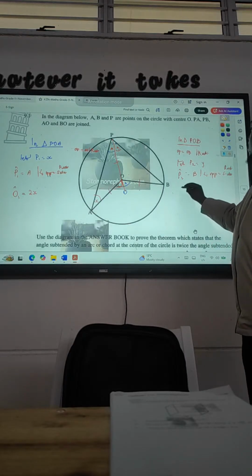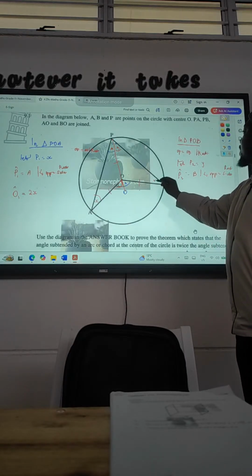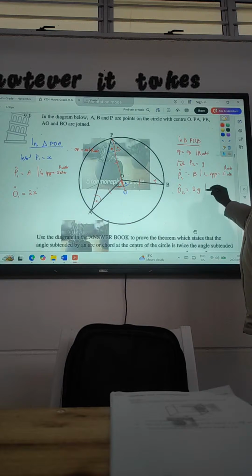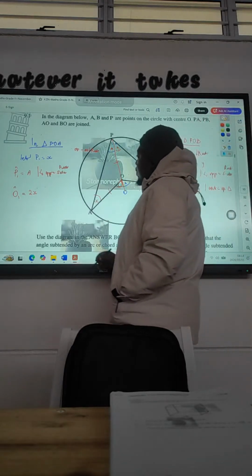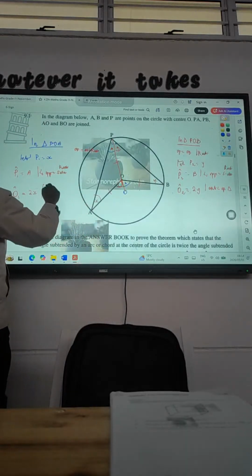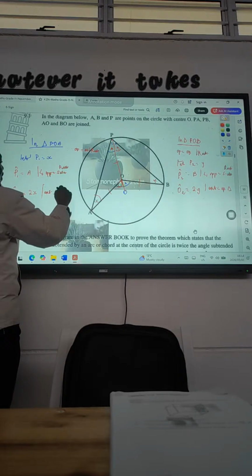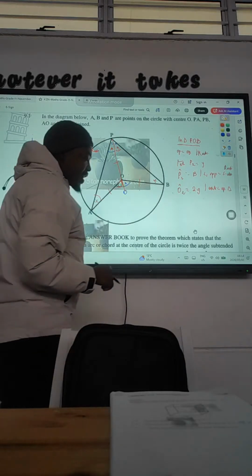And then O2, if this is Y, your O2 will also be equal to 2Y, which is the exterior angle of a triangle. Don't forget that is in this side, exterior angle of a triangle.